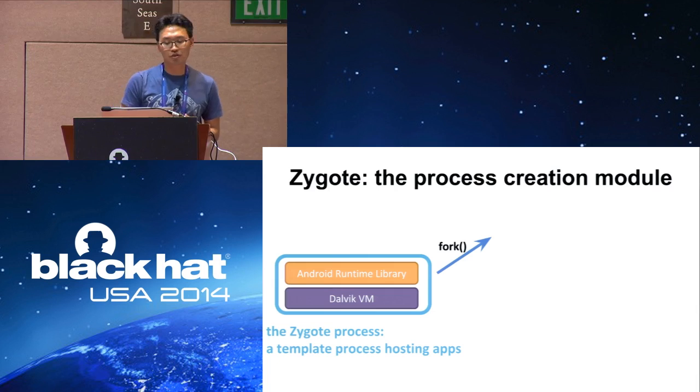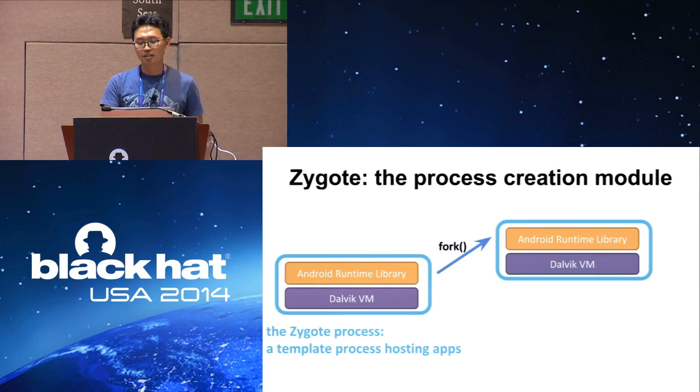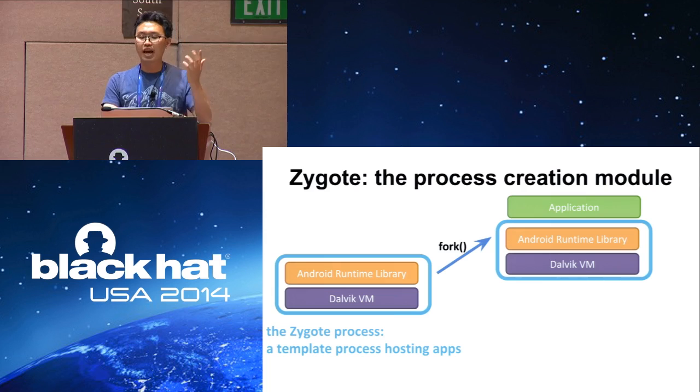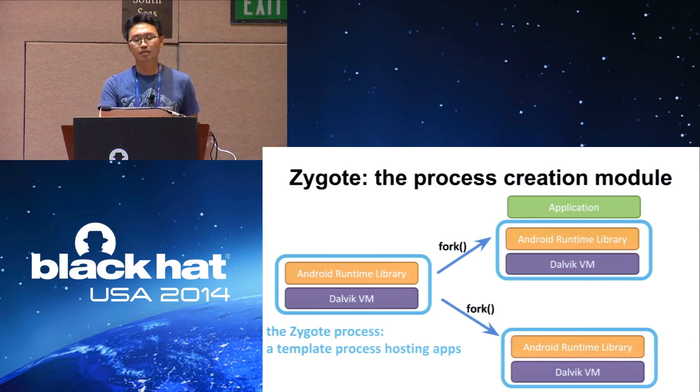Then every time you want to create an application, you simply do a fork. Then you will have two different instances, though they are identical. Then you execute the application on top of it. And if you want to create another application, you fork again and execute the application again.